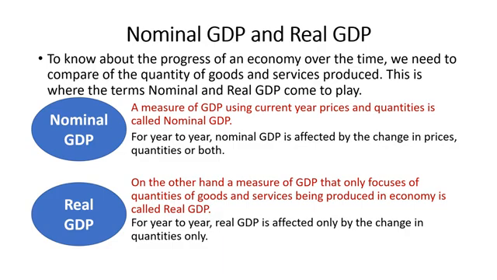Therefore, from year to year, nominal GDP is affected by changes in the prices, changes in the quantities, or changes in both. On the other hand, a measure of GDP that only focuses on quantities of goods and services being produced in an economy is called real GDP. Therefore, real GDP is affected only by the changes in the quantities of goods and services.